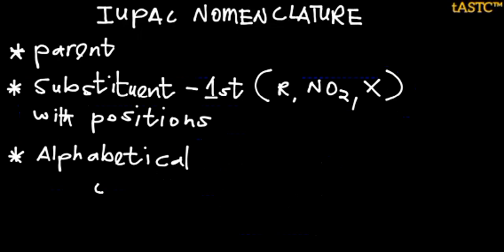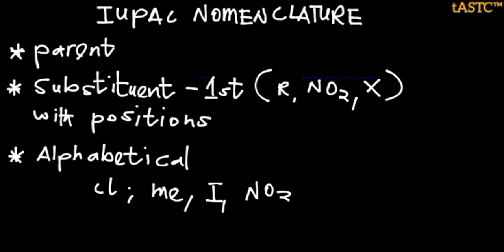Let us say you had a chlorine atom present, a methyl group, an iodine atom, and a nitro group. As you well know, the name of this is chlorine, this is methyl, this is iodine, and this is nitro.